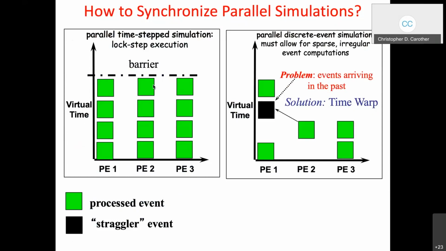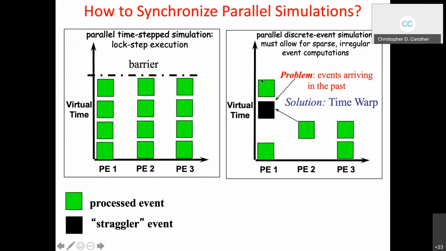The airport example might actually work okay because we have constant timestamps, but the reality for discrete event is that that usually isn't the case. They're usually distributions, with random number generation applied. And so events occur at all sorts of different times on every processing element.